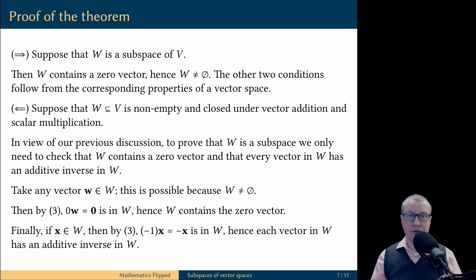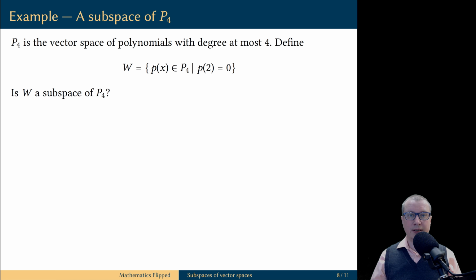But we also assumed that if you take a vector in W, then a scalar multiple of this vector remains in W. This shows that the additive inverse of the vector x is still a vector in W, and therefore this completes the proof that W satisfies all 10 properties of the vector spaces. That means W is a vector space in its own right, and therefore it is a subspace of the vector space V.